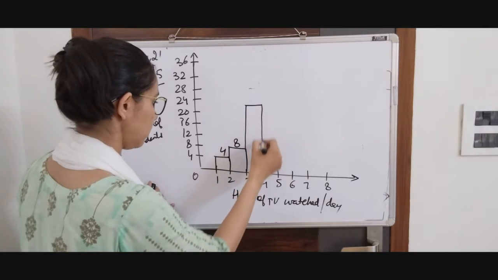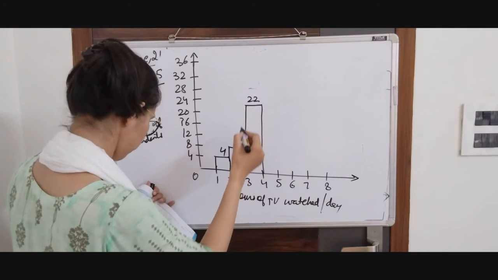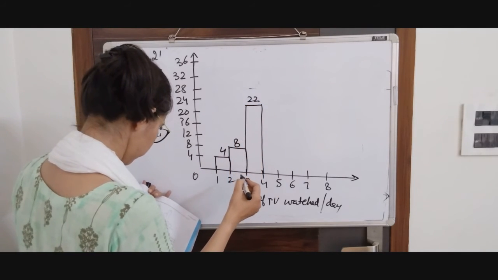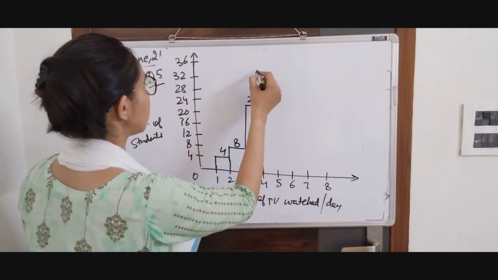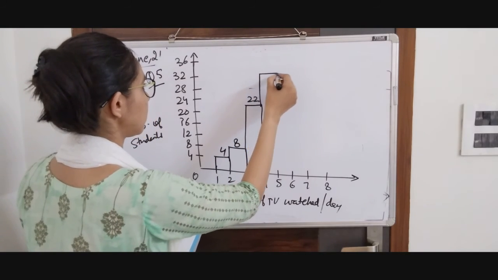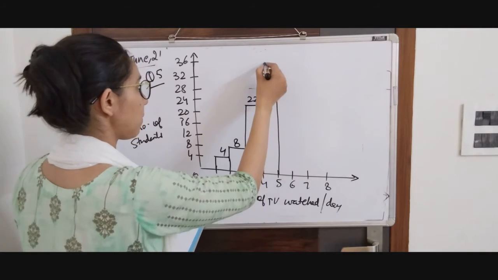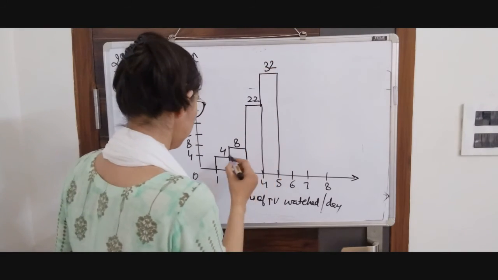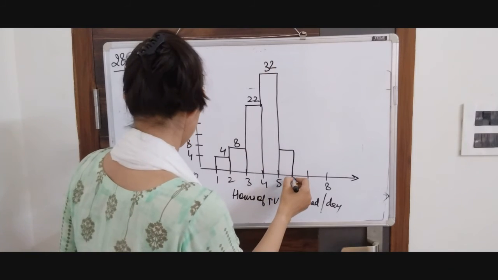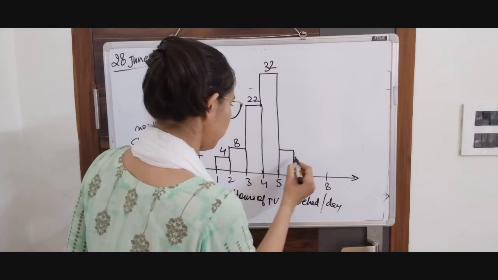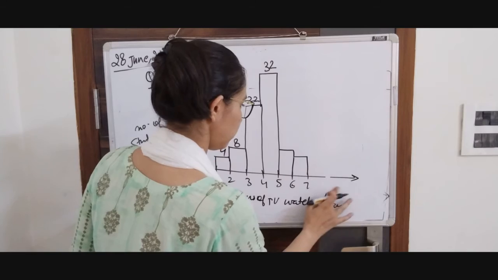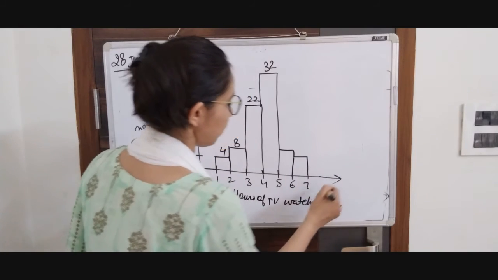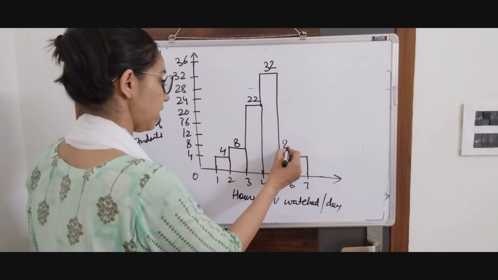This is 22, 4 to 5 is 32. Then we have 8 and then we have 6. 6 will be between these two. So this is our given bar graph.